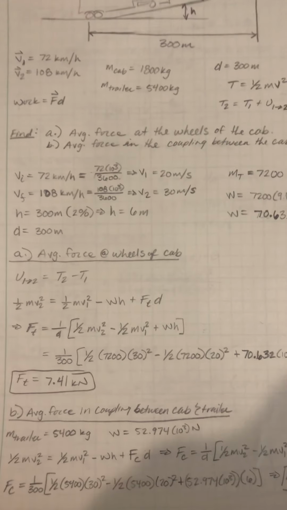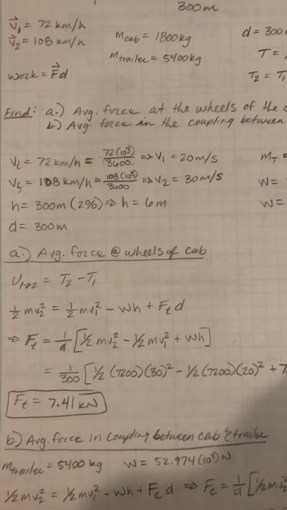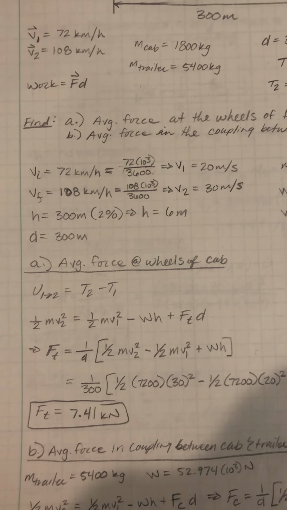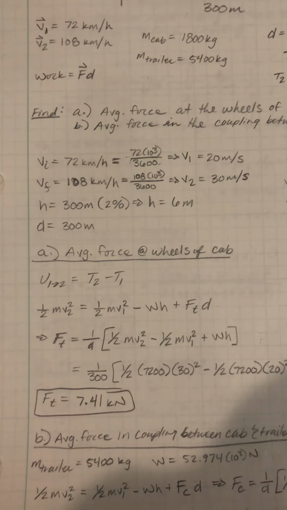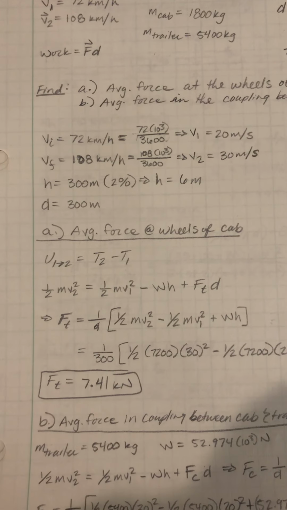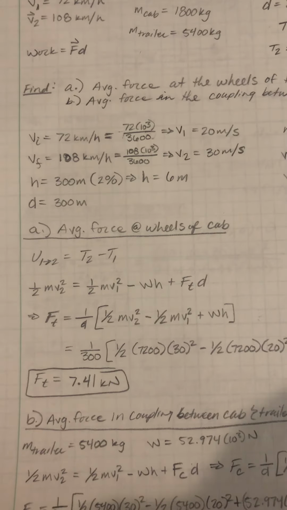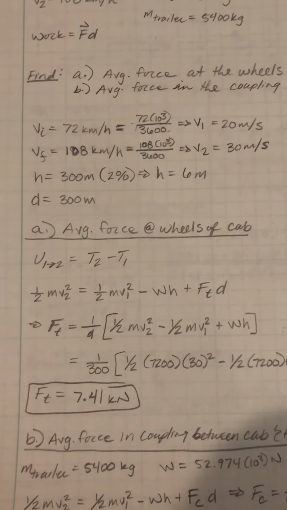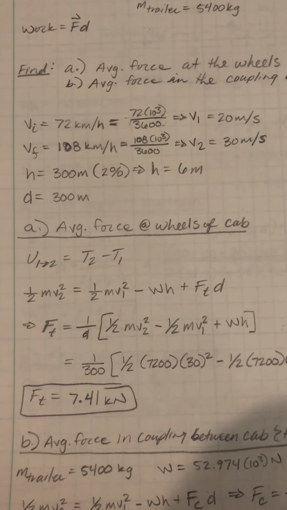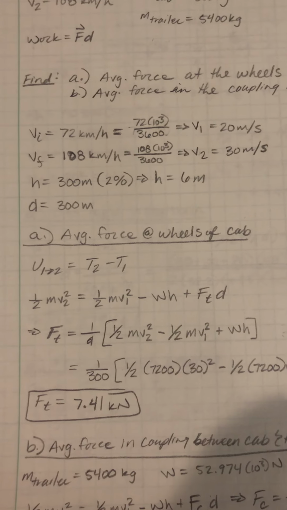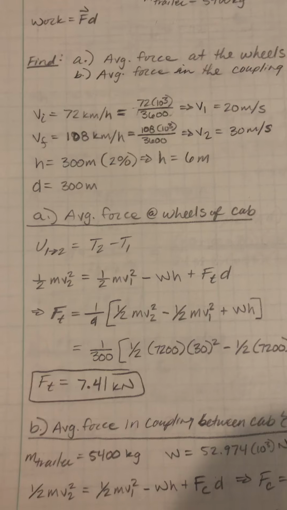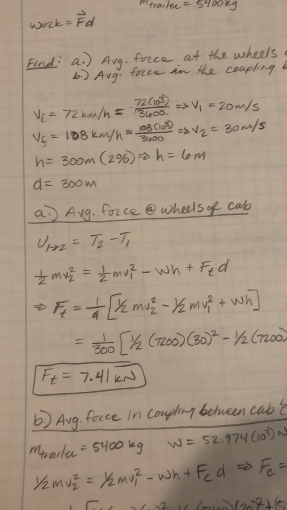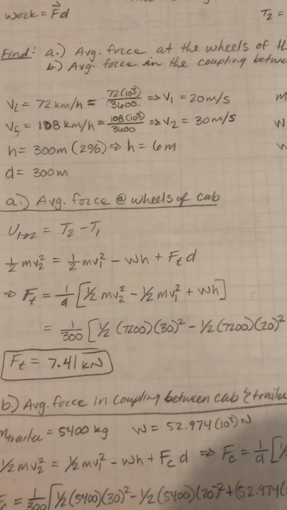So again, manipulating T2 equals T1 plus U from position 1 to position 2, we are able to set it up in such a way that we can find the force at the wheels. That's denoted by F sub T. Again, manipulating this equation, we can set up to find F sub T and then plug in the values.